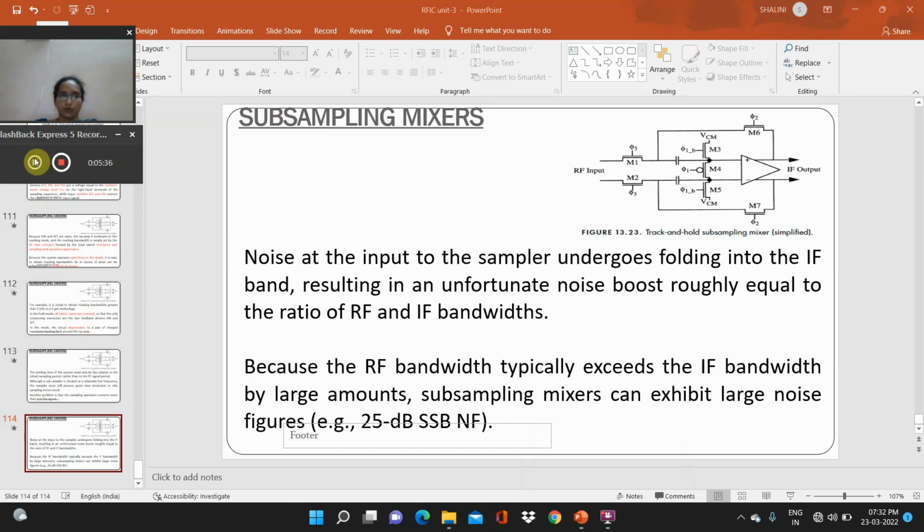Noise at the input to the sampler undergoes folding into the IF band, resulting in an unfortunate noise boost roughly equal to the ratio of RF and IF bandwidths.